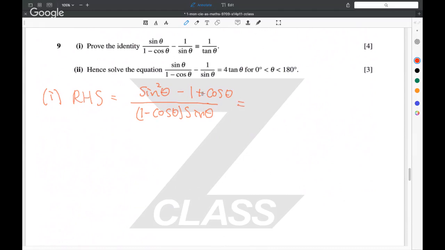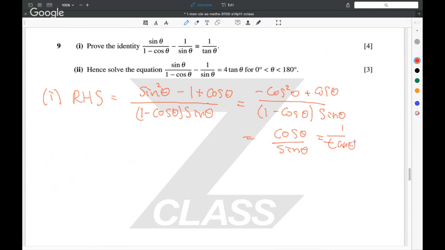On the top, sine squared minus 1 would give you minus cos squared, and plus cos theta. We can take out a factor of 1 minus cos theta from top and bottom. That will leave you with cos theta over sine theta, and that's the same as 1 over tan theta, which is the left-hand side.